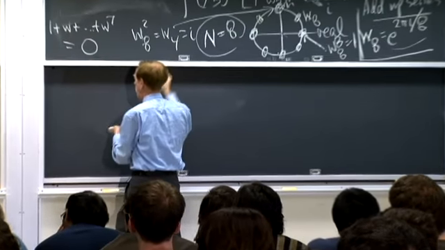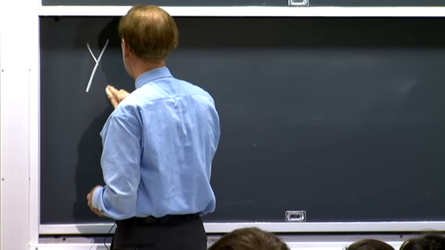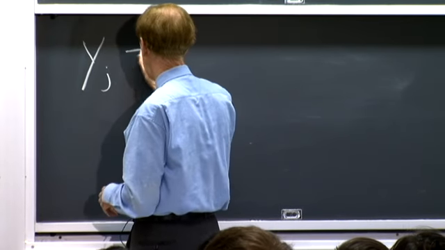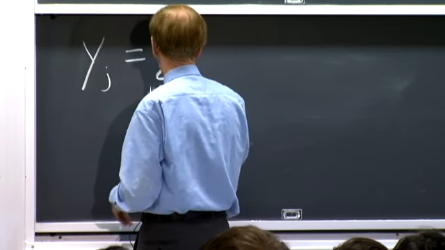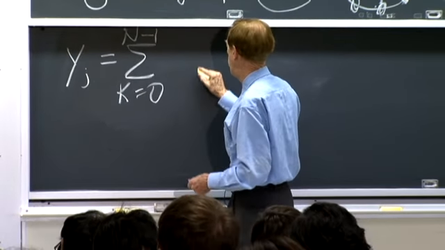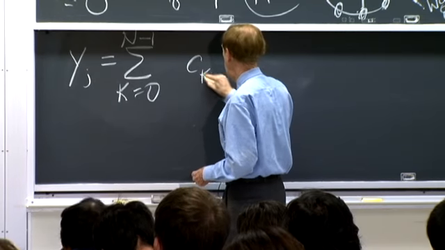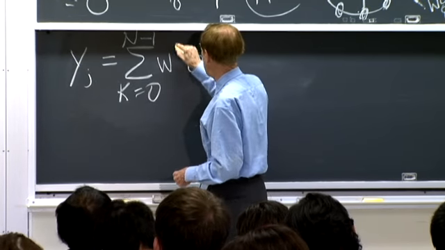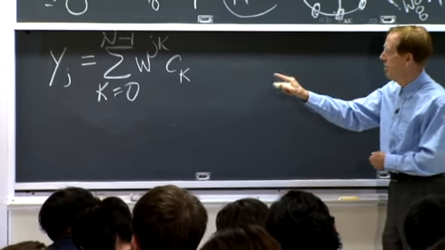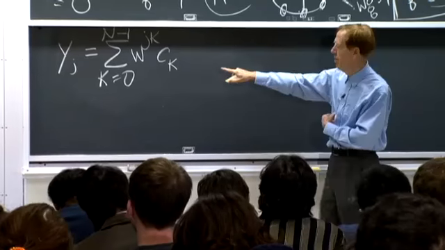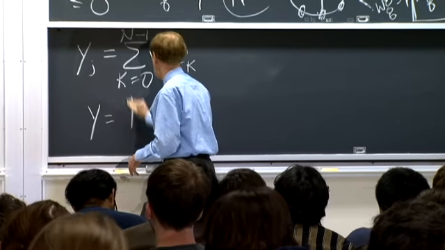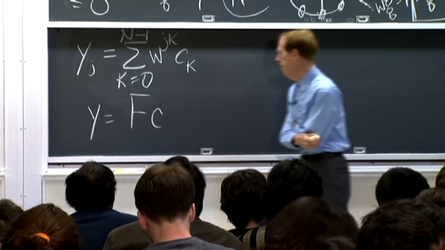The decent formula is that the jth y, because it's going to come in equation number j, will be the sum on k equals 0 to n minus 1 of c_k times w to the jk. Those are the c's that are multipliers and the y's that's a gift. Vector-wise, this is y equals Fc.